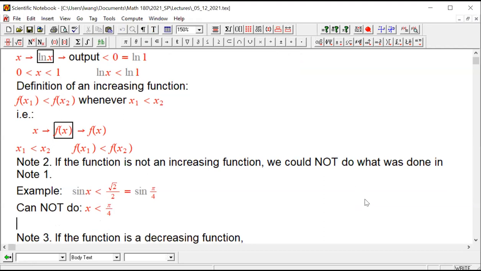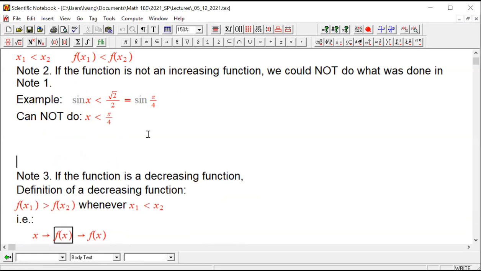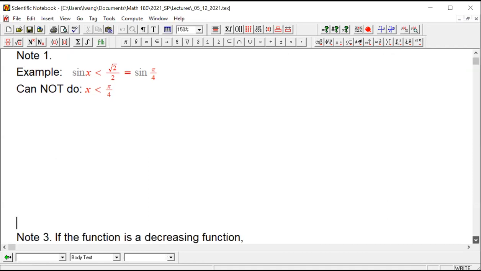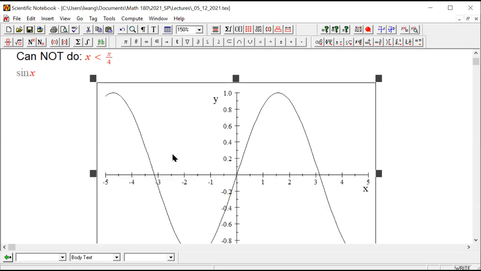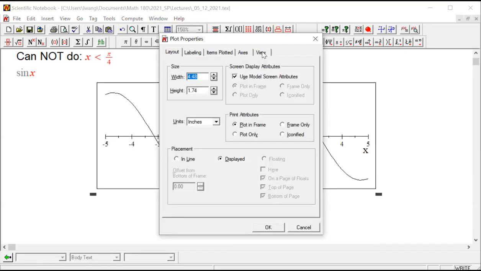We know what we cannot do, but what do we do? Anybody? The same idea. We draw the curve. What is this question about? We know the output.